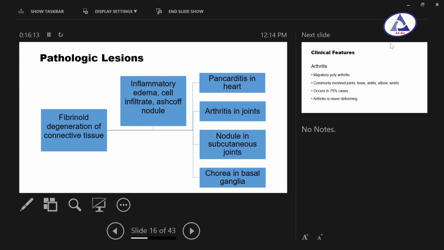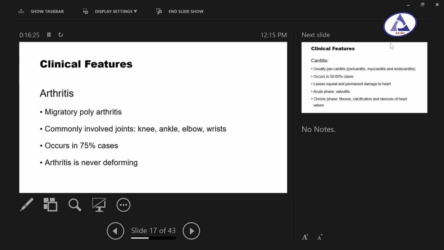Then, what may be the clinical features on the basis of the pathological lesion and pathogenesis? We have shown arthritis, one of the main clinical features of acute rheumatic fever. What are the characteristics of the arthritis?